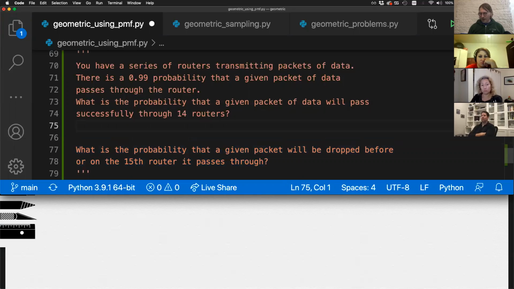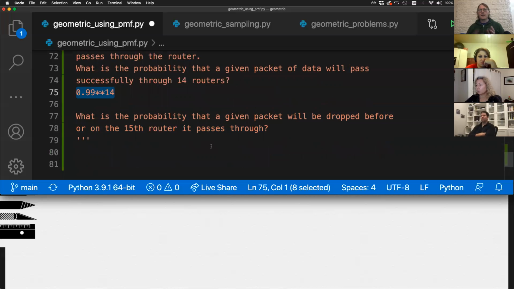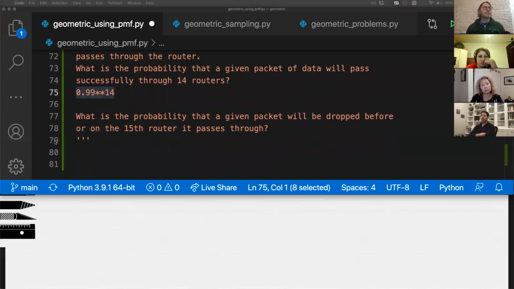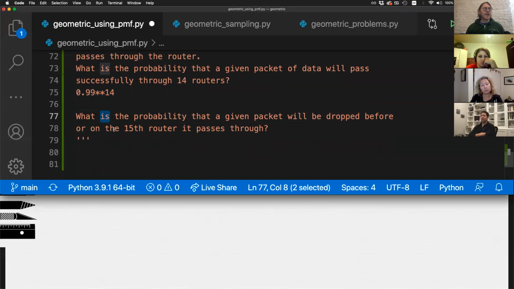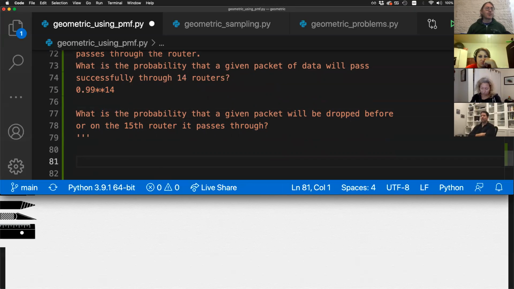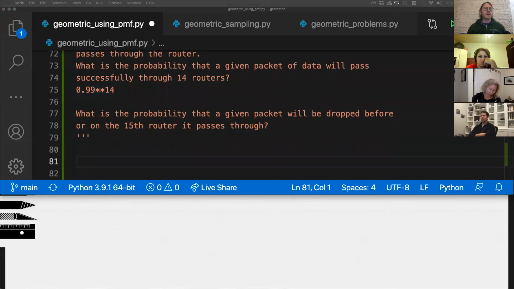In this initial case, we're saying 0.99 to the, say, 14th power, and we're not considering failures, right? We're considering probabilities of successes primarily. So let's answer this second question, and let's answer it through the lens of a CDF.